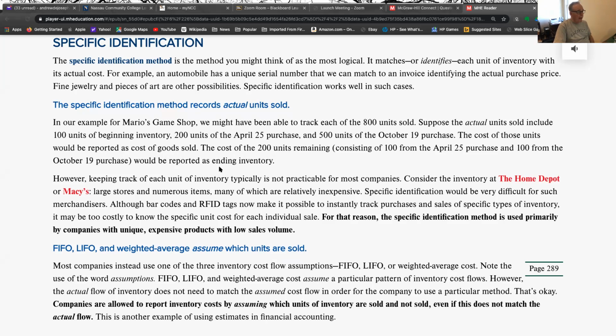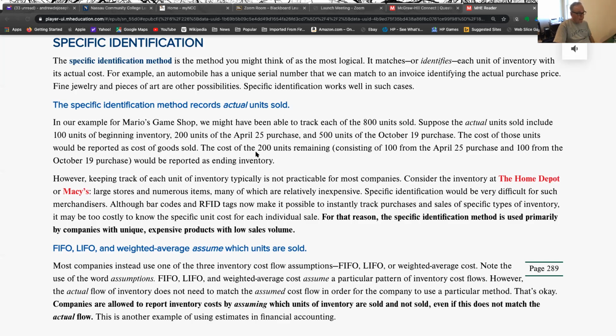So if you go back up to the chart, let me just write this down because this can get confusing. They're saying that actual units sold from the beginning inventory 100, from the April 25th purchase 200, and from the October 19th purchase 500.